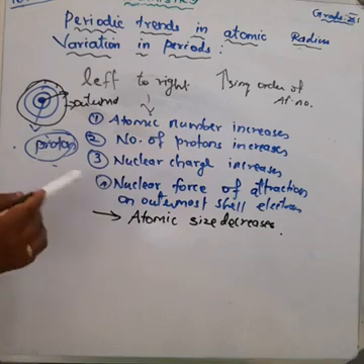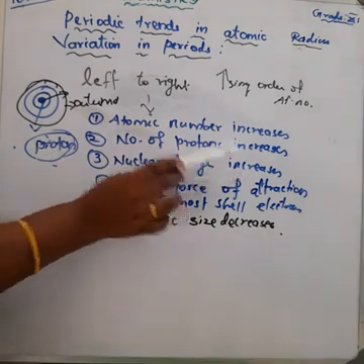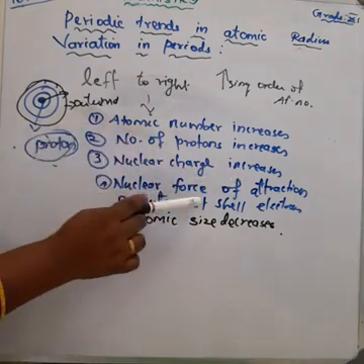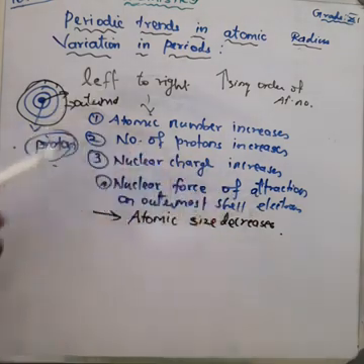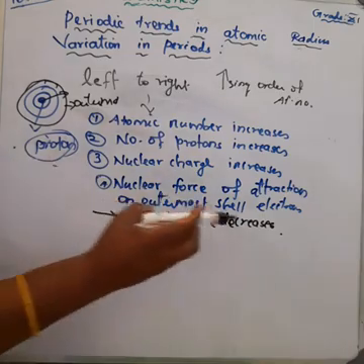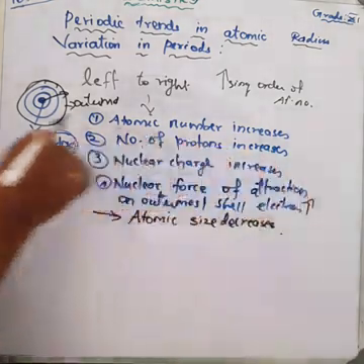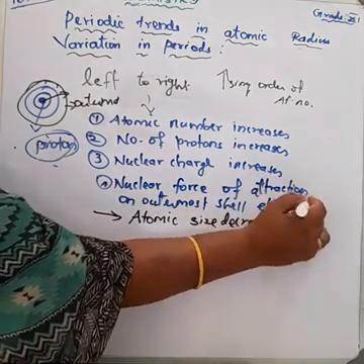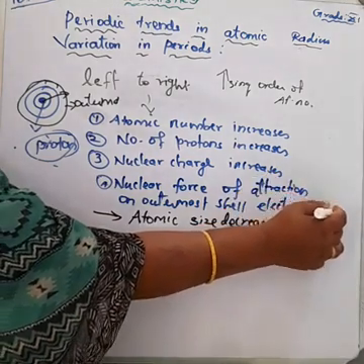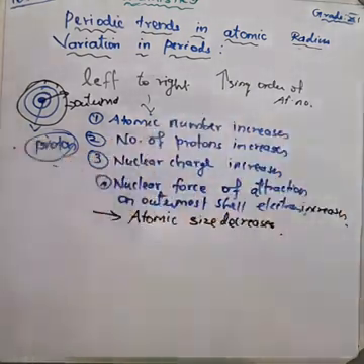When the number of protons increases, the nuclear charge increases. When nuclear charge increases, the nuclear force of attraction on the outermost shell increases. The increased nuclear charge tends to pull the outermost shell closer towards itself. So the atomic size also decreases.